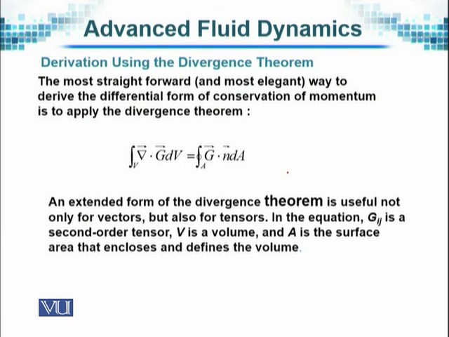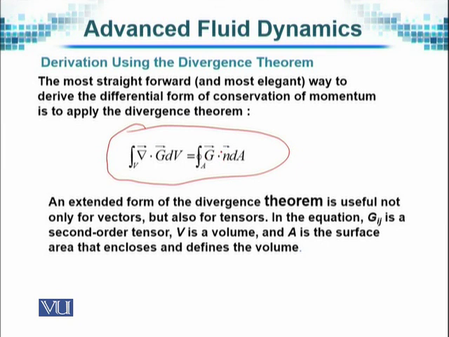The divergence theorem is generally written as this: the divergence of a general vector G over the volume V is equal to the surface integral over the area A of the same vector G dot n, where n is a unit vector normal to the surface.